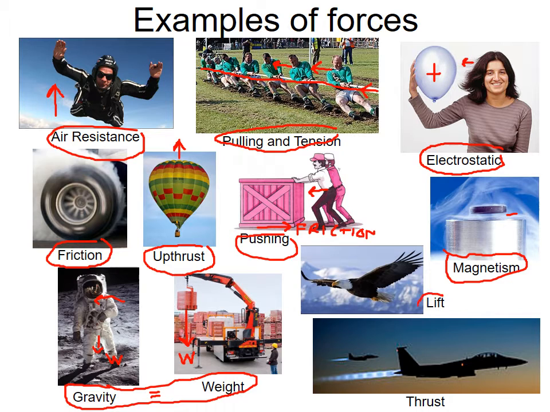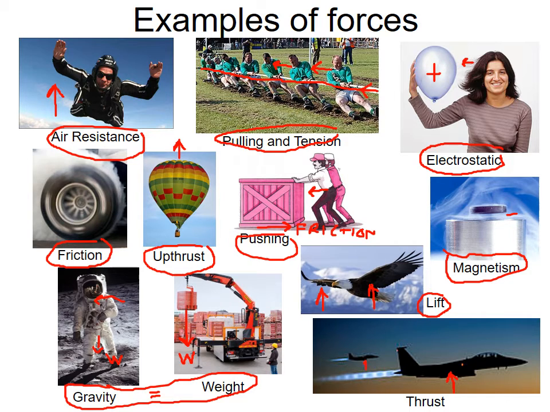Let's look at this winged bird. All birds have wings. What helps them to fly is an upward force on their wings called lift, and that is created by the pressure difference as the air moves over their wings. So what makes a bird and a plane fly is lift. There's also lift on these aircraft here going up.